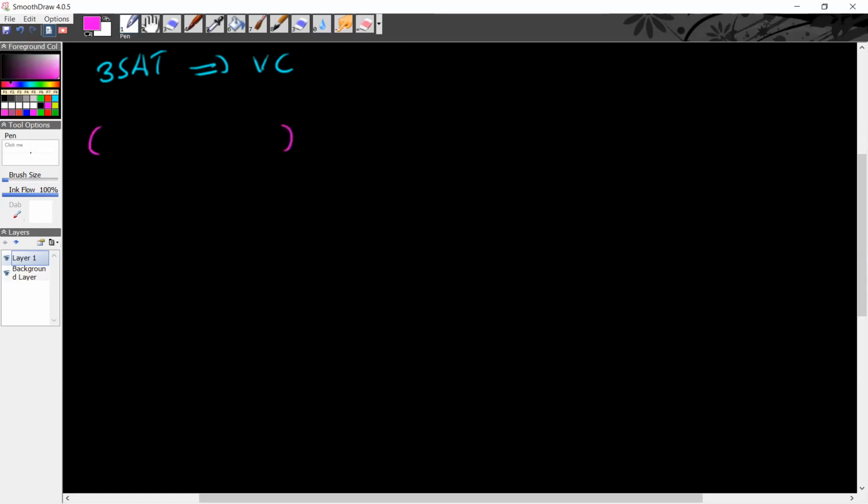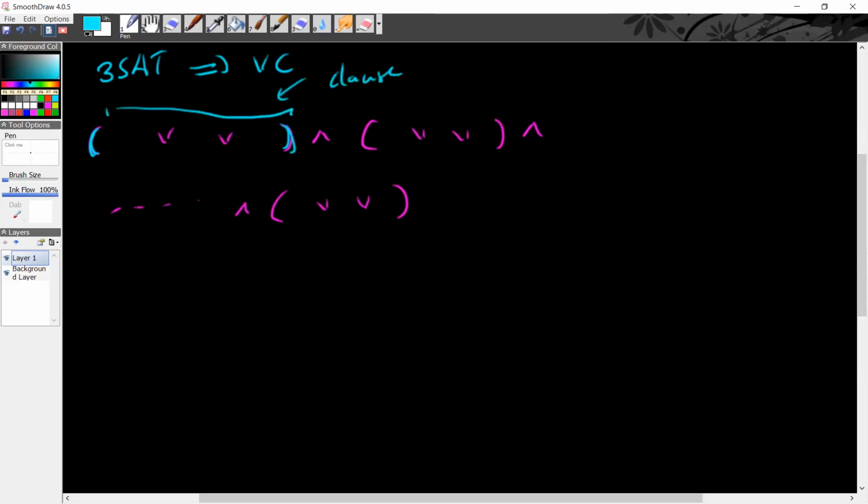3SAT is basically when I give you a Boolean formula, and the Boolean formula looks like this. Let me draw it out first. These blue parentheses here, everything in here, we're going to call a clause. Note there's an E here, so this is not the same clause as Santa Claus.